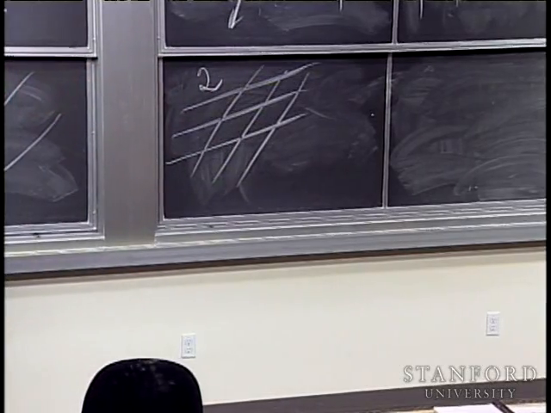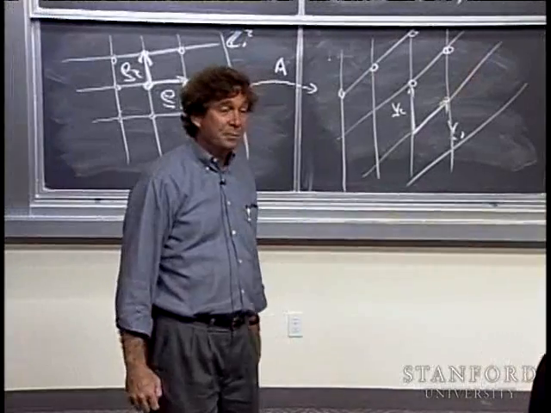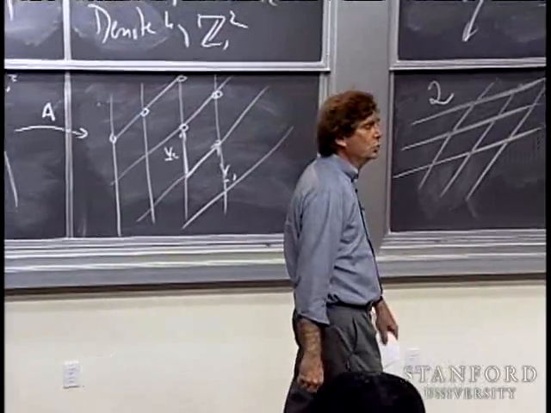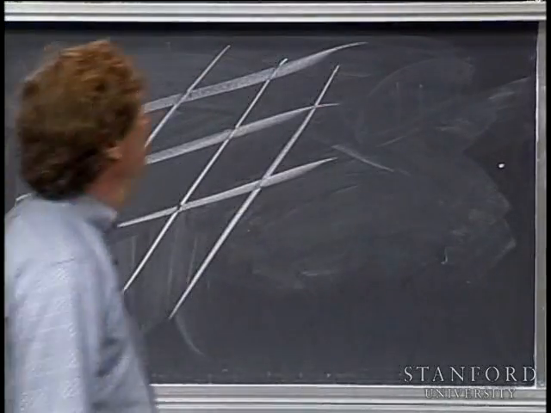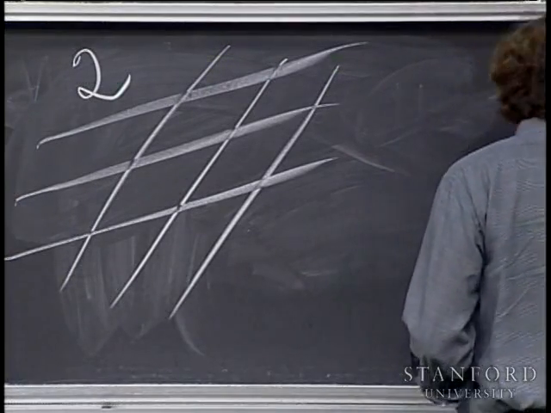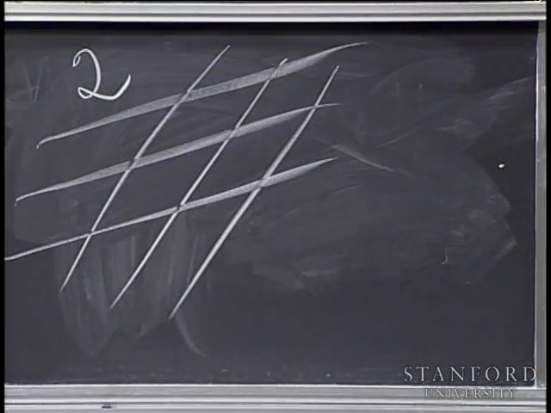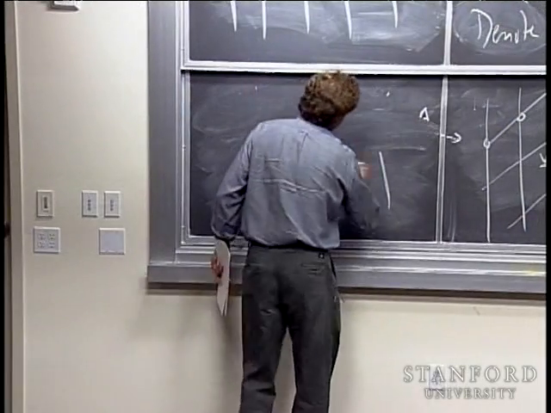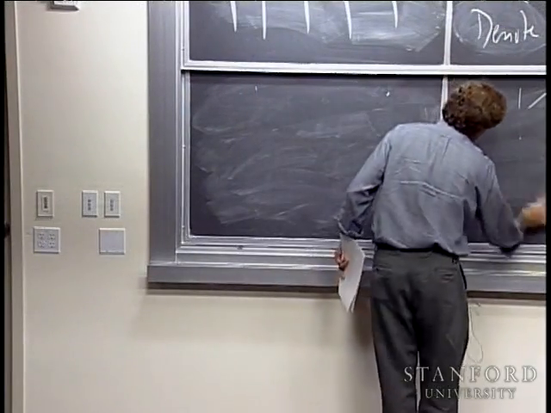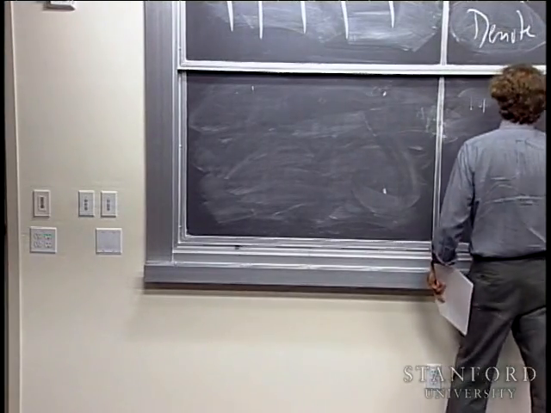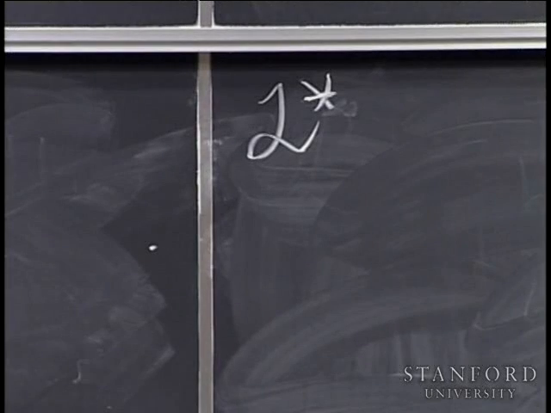And then the crystallographers, and even mathematicians too, but for completely different reasons as far as I can tell, define what they call the dual or reciprocal lattice, L star. So L is A of Z2. L is the transformation A. Any lattice can be realized as a linear transformation applied to the integer lattice.